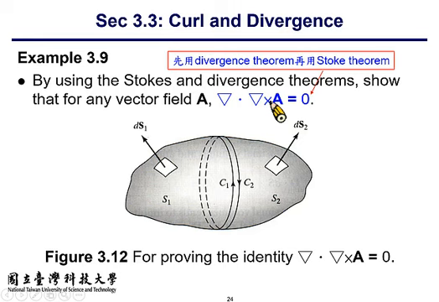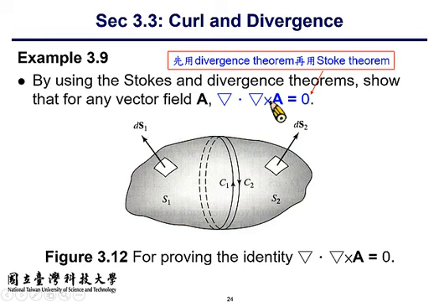So what is the divergence theorem? The closed surface integral of any vector A equals the volume integral of the divergence of the vector A. And Stokes theorem: the closed loop integral of A equals the surface integral of the curl of the vector. All right.